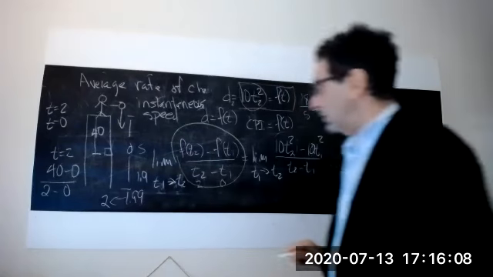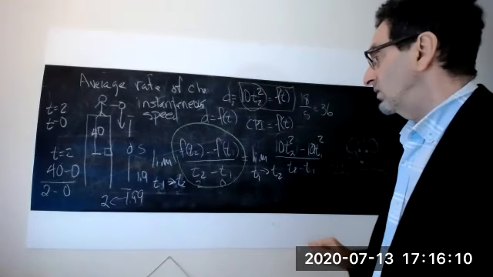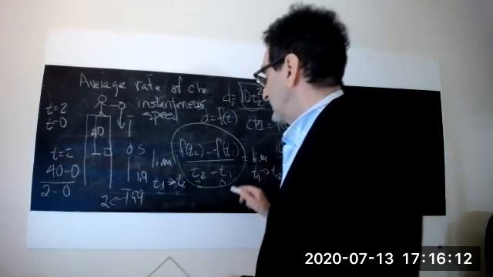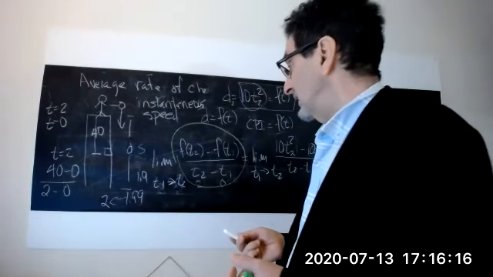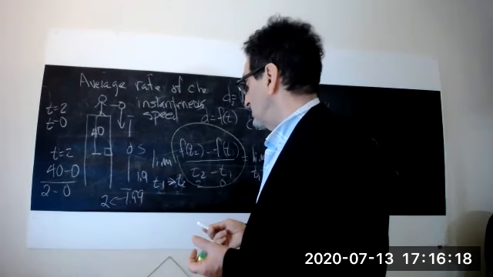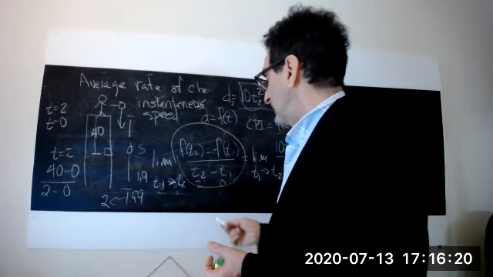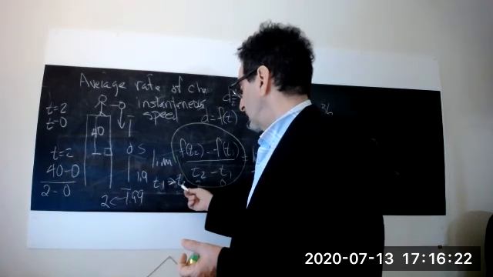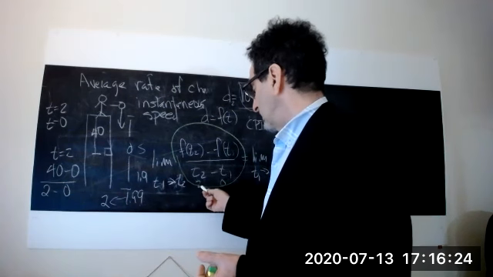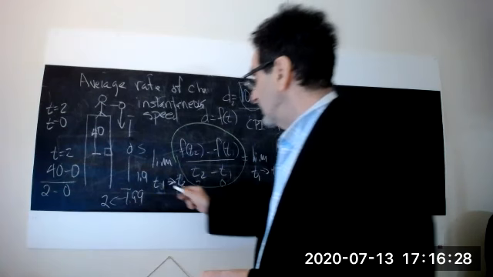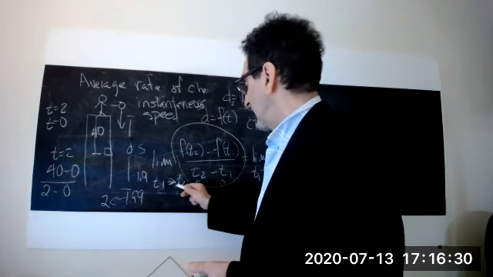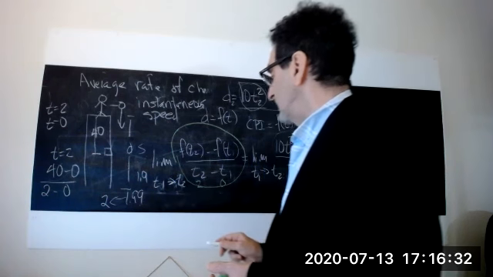As T1 approaches T2. And so we say that the instantaneous rate of change, or the instantaneous speed in this case, at T2, when T2 equals 2, is the limit as T1 approaches T2.